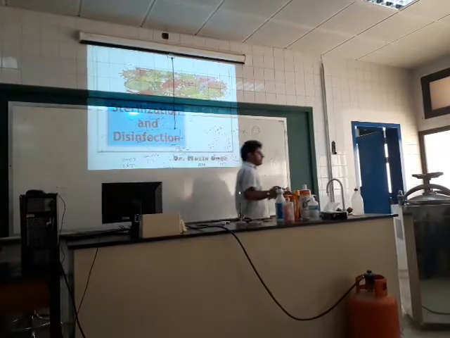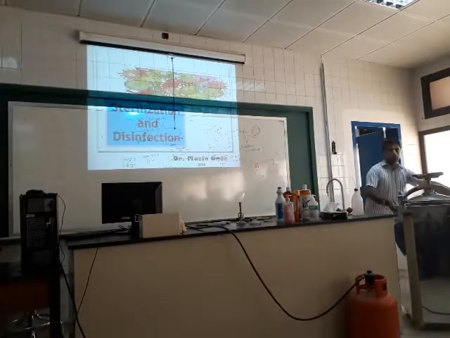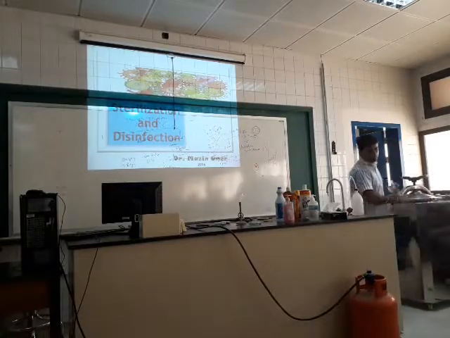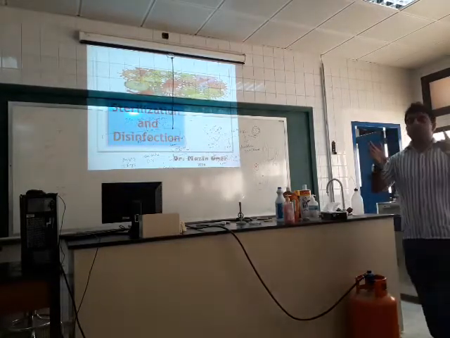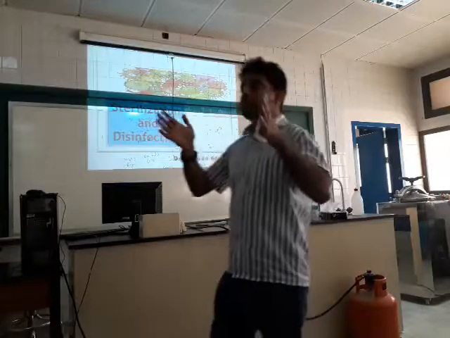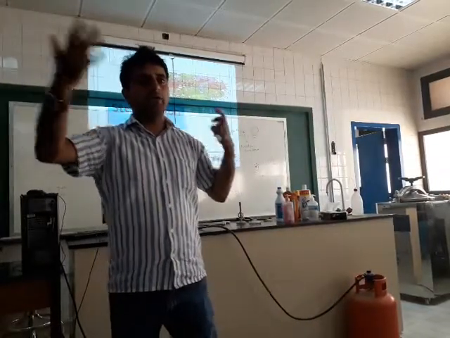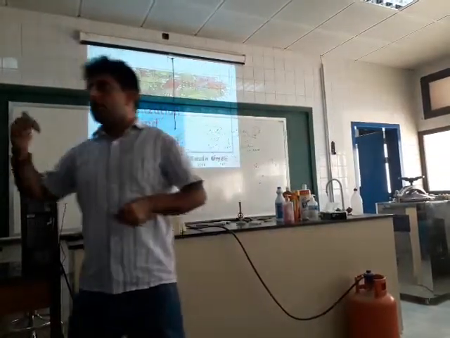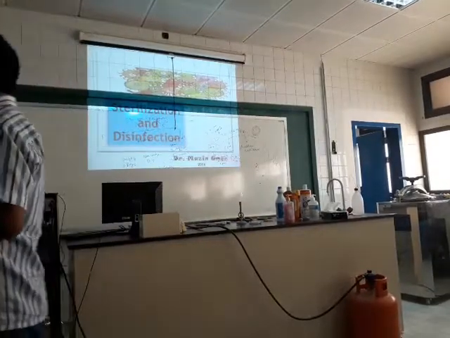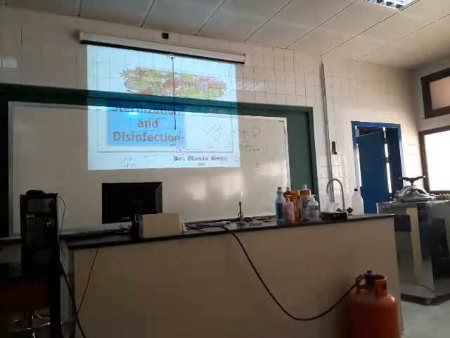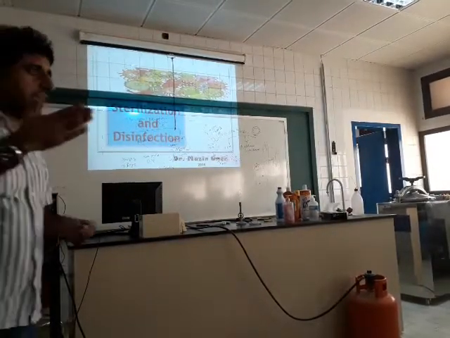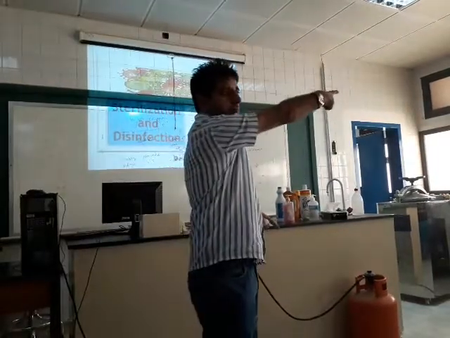What are gamma rays? They are like the waves used in the X-ray machine that we use to do the X-ray. These ionizing rays, for example gamma rays, have power. They can cross this wall.